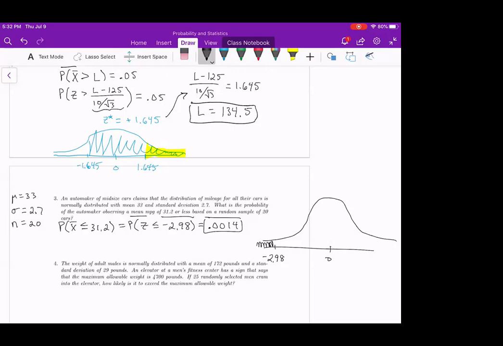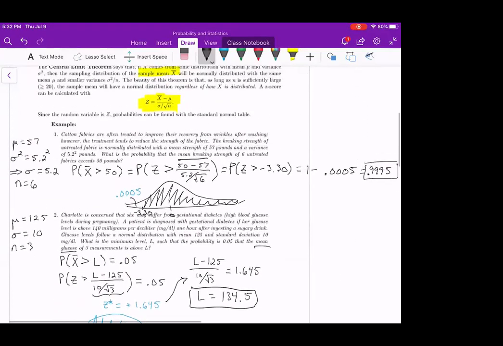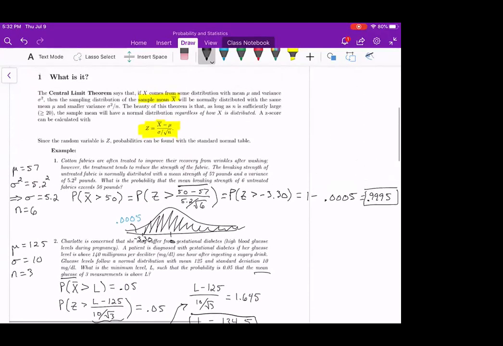Wait, why is the standard deviation? I just got confused with the word. So the standard deviation is the variance? Standard deviation is related to variance. Just like in problem 1, what were we given?